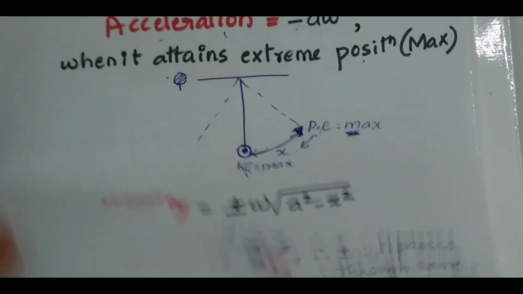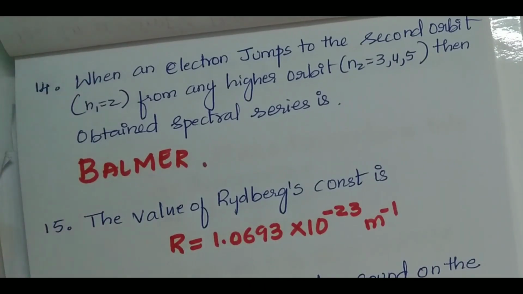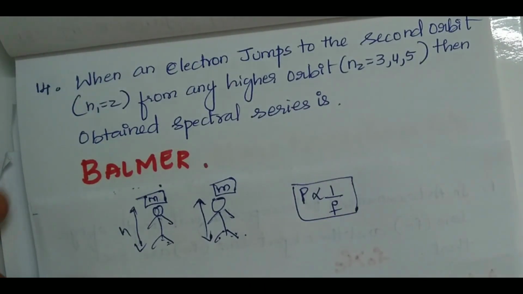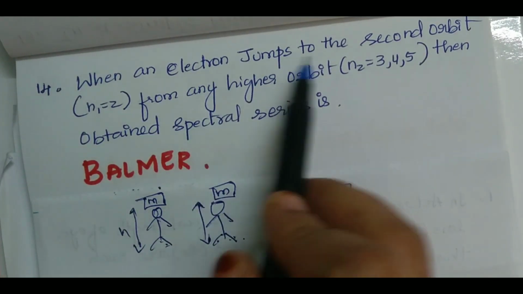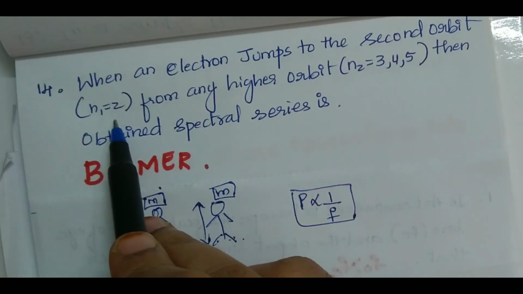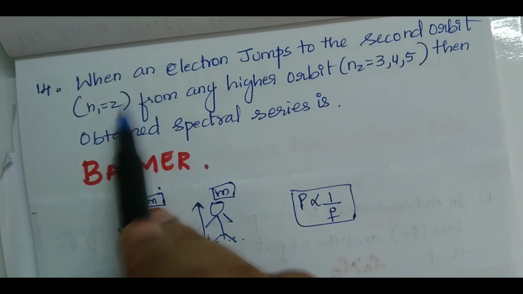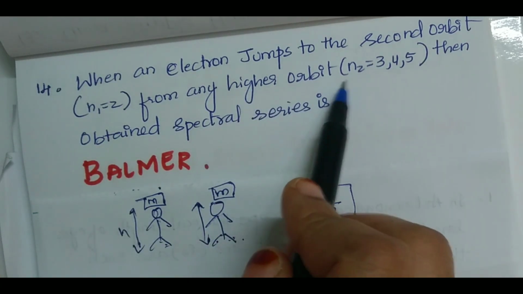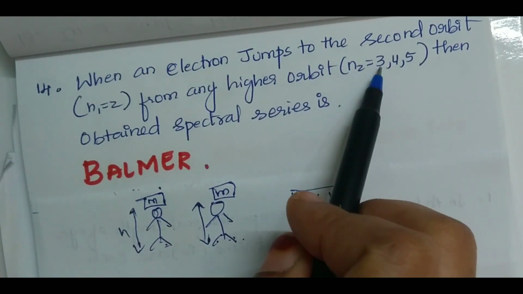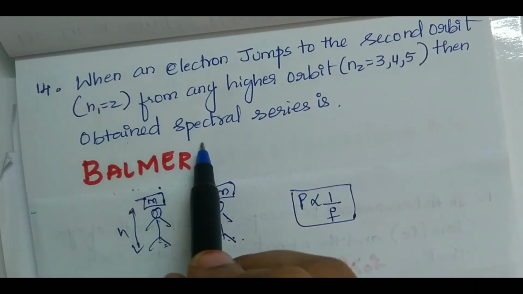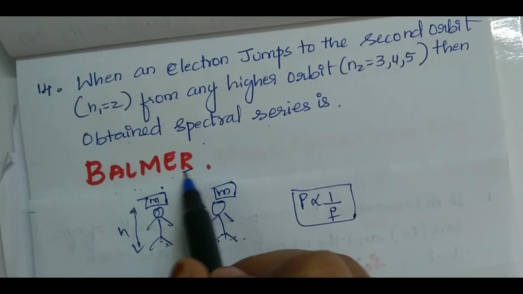Then let us see the 14th one, that is, when an electron jumps to the second orbit, that is n1 equals 2, from any higher orbit, that is n2 equals 3, 4, 5, then the obtained spectral series is the Balmer series.